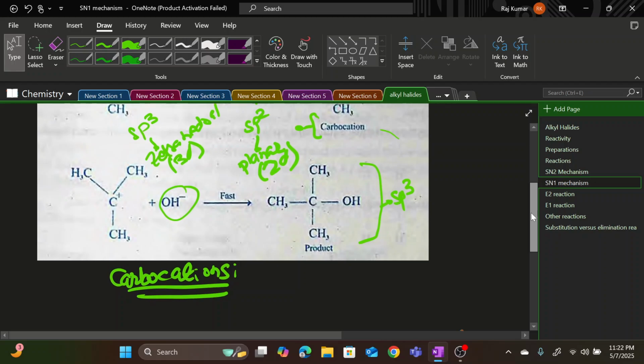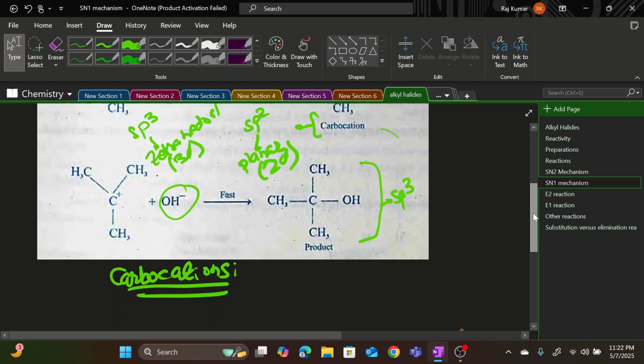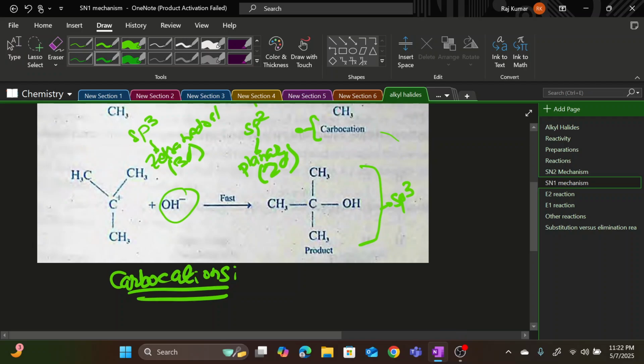has a steric effect, and because of the steric effect, the incoming nucleophile can attack from the front side as well as from the back.